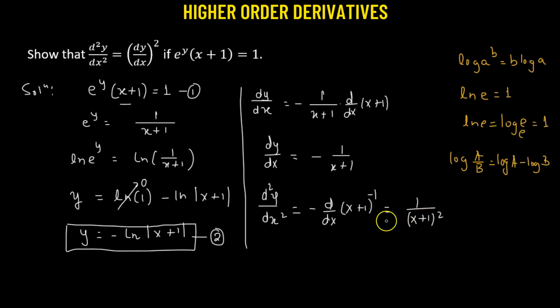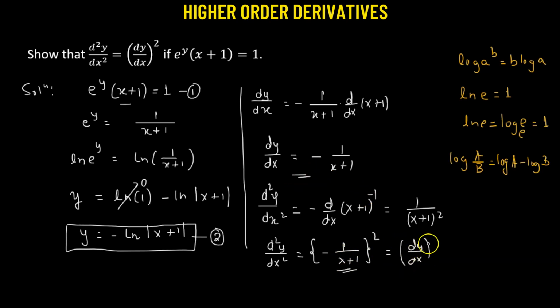Right, (x plus 1) whole squared. So we can express 1 over (x plus 1) whole squared as negative of 1 over (x plus 1), whole raised to the power of 2, and it would mean exactly the same thing, and this can be replaced with dy over dx, so this is dy over dx whole squared.